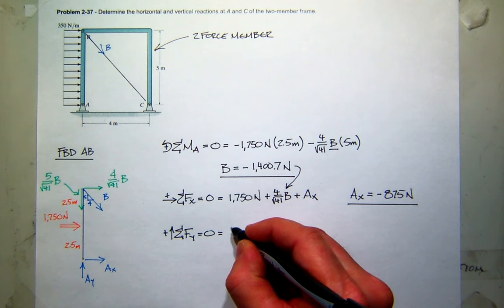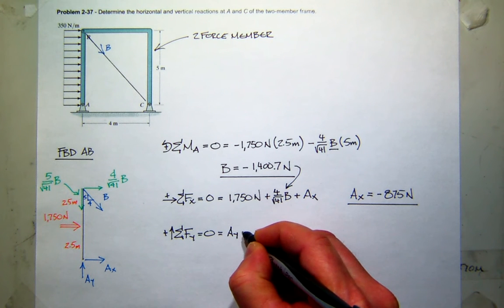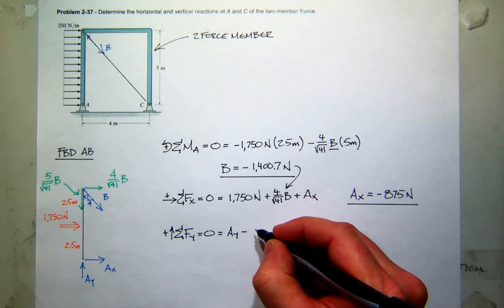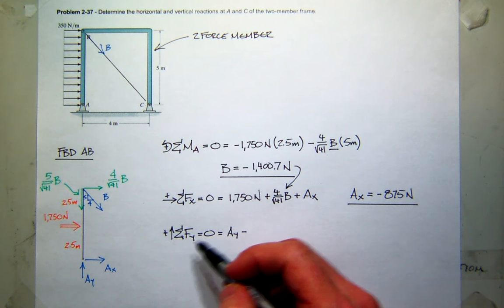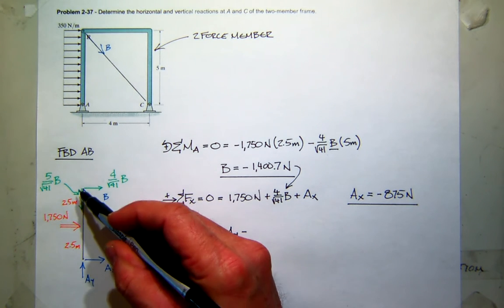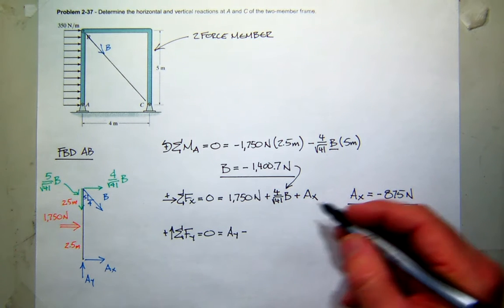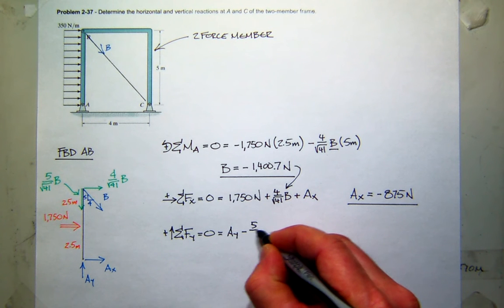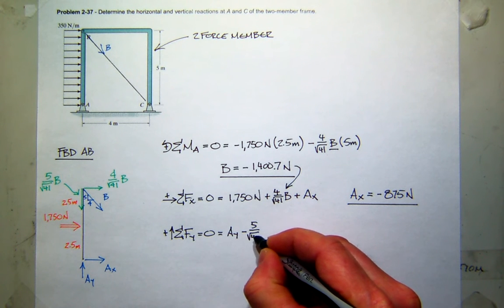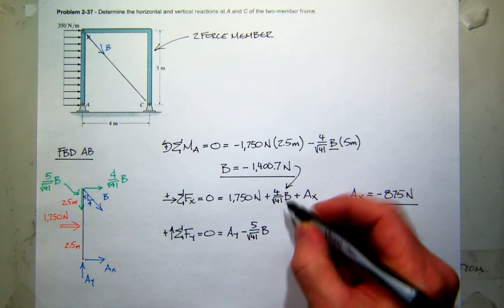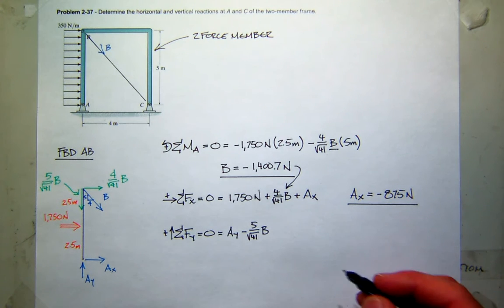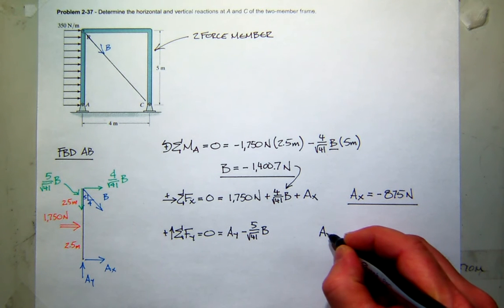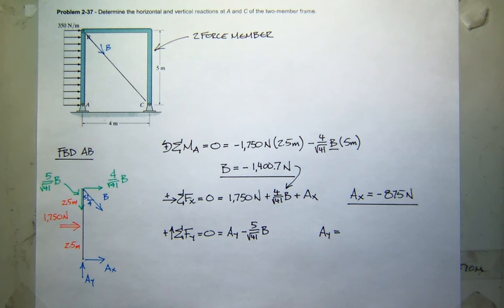AY minus 4 over the square root of 41 B. Not 4, we're going in the Y direction, so we want this guy, which is 5. And again, we're going to plug in the negative value for B, so it looks like AY is going to be negative, right? And what's that value?